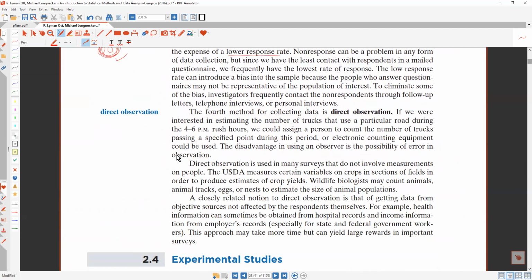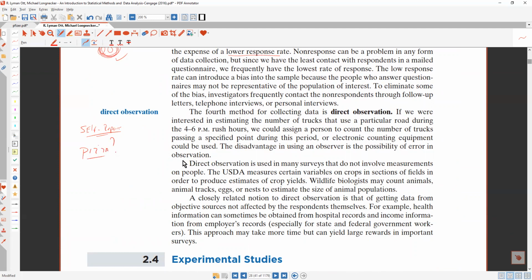Direct observation is an excellent way of gathering data. And some purists would say, well, it's the only way to get really, really good information on human beings. Let me give you an example. If you use a self-report questionnaire and you ask people, let's take up a trivial question here, how much do you like pizza?